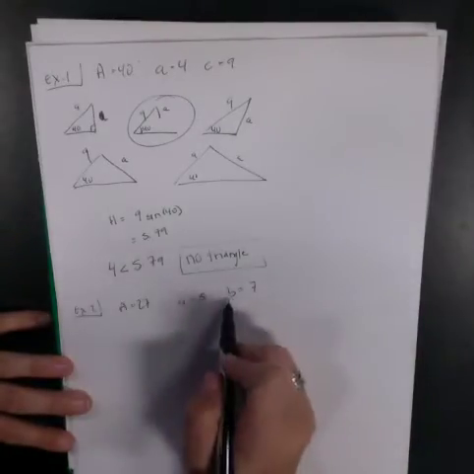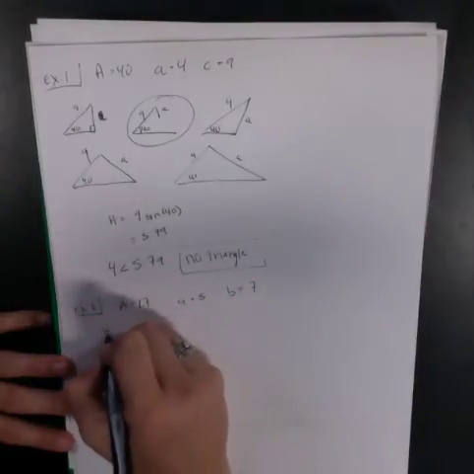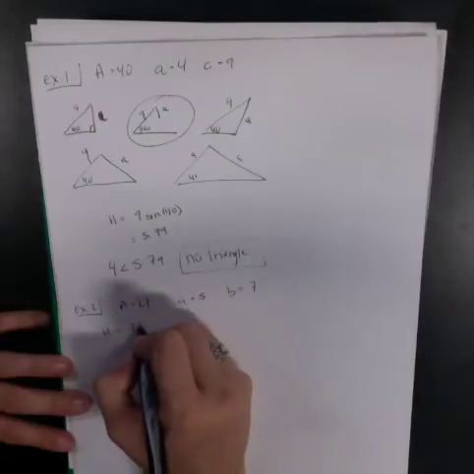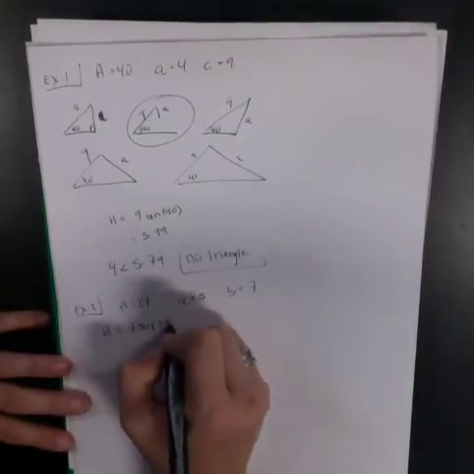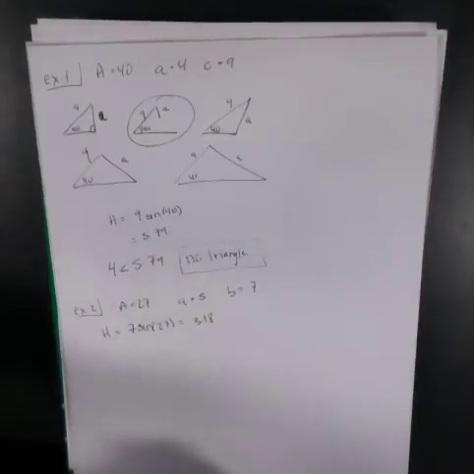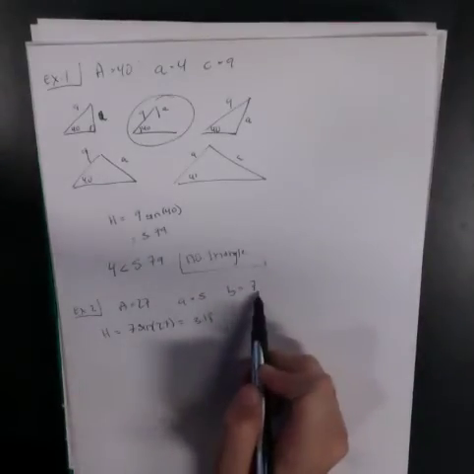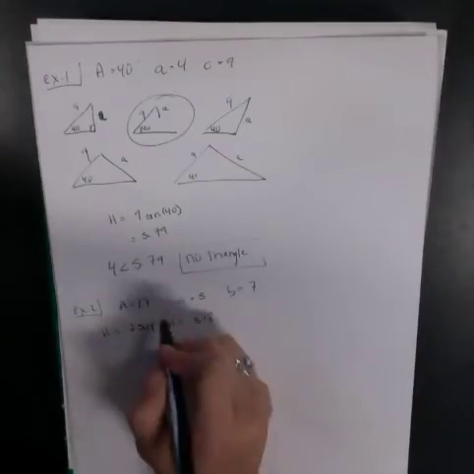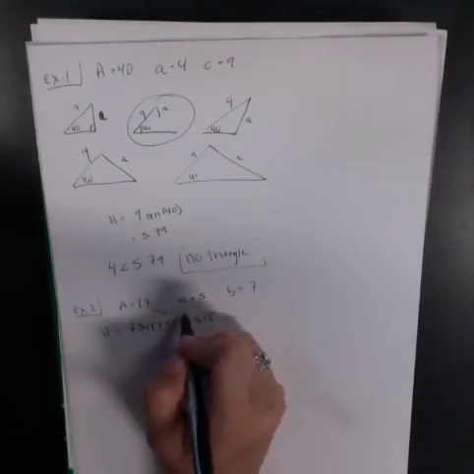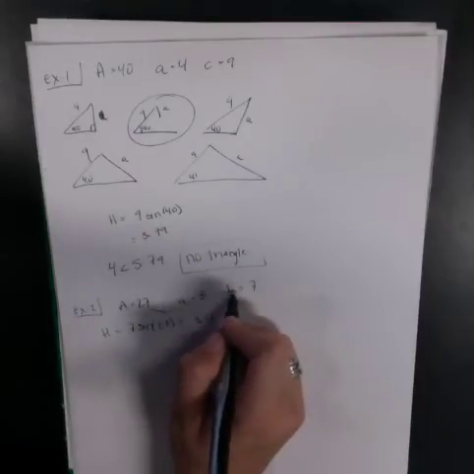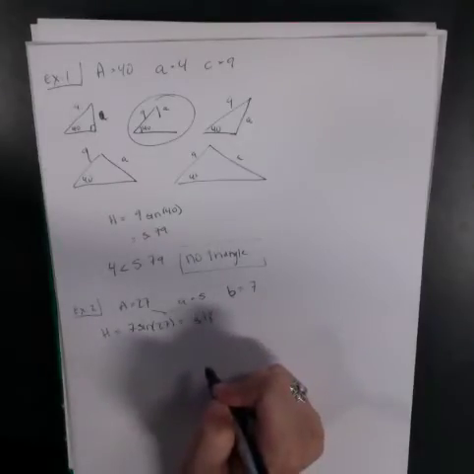So what I'm going to do is solve for my height. Height is going to be opposite, which is 7 sine of 27, which gives me 3.18. I use b here because I have A and a, these two go together, which means I use the opposite side, b, as my hypotenuse.